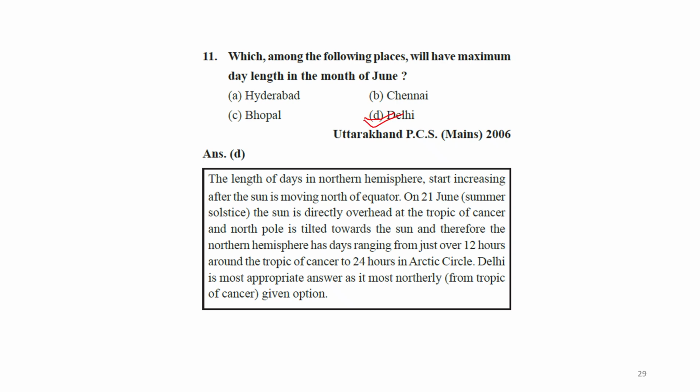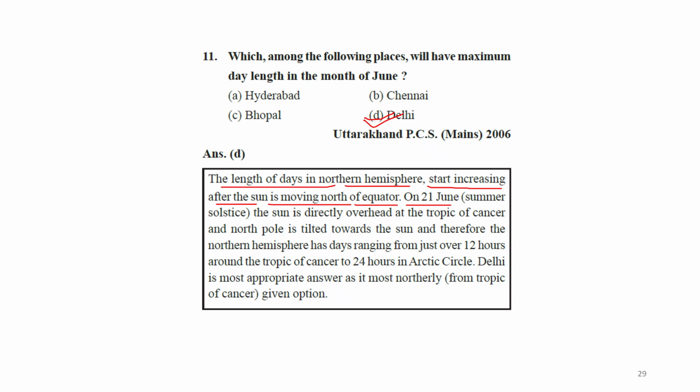I will read here. The length of the day in the northern hemisphere starts increasing after the sun moves north of the equator. When the sun starts moving north of the equator, the length of the day in the northern hemisphere starts increasing.